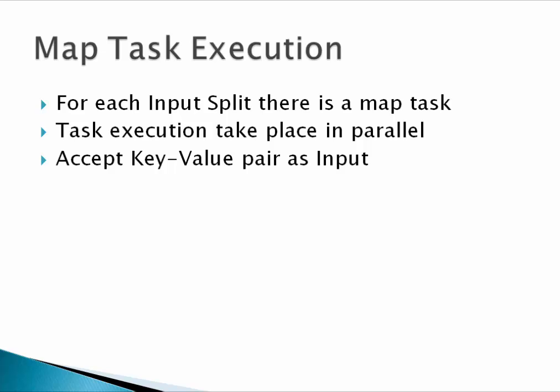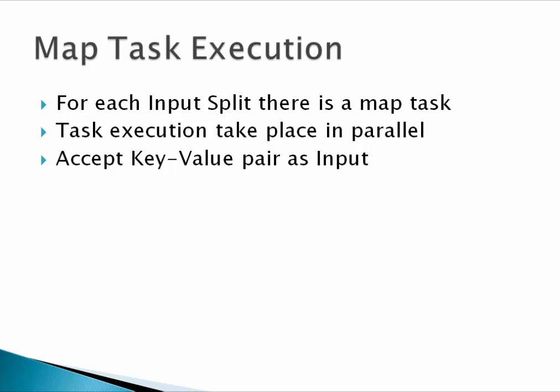These map tasks are generally executed in parallel because the chunks of data are not constrained to any specific node, but are distributed all over the cluster. This makes use of parallel processing, which speeds up the processing, and also provides fault tolerance, so that if any node in the cluster fails, you don't have to lose the entire process.